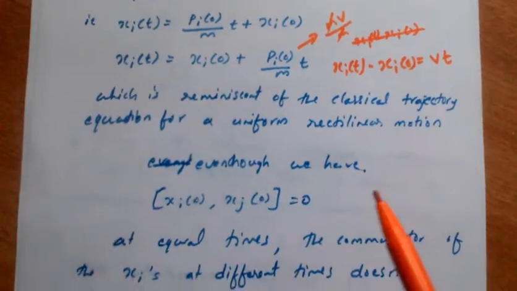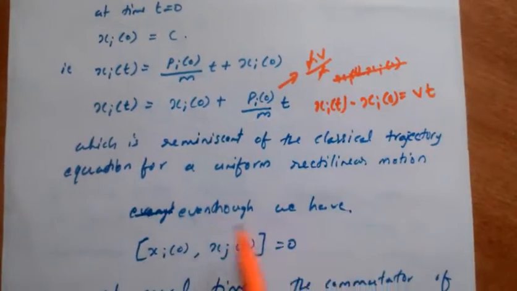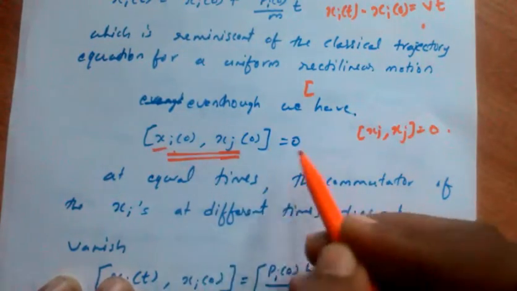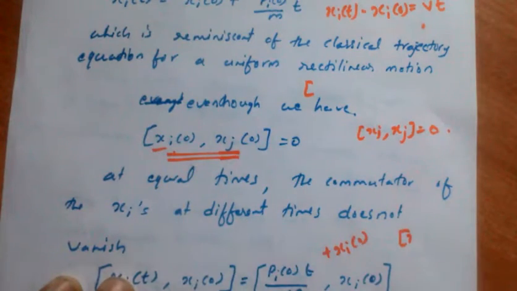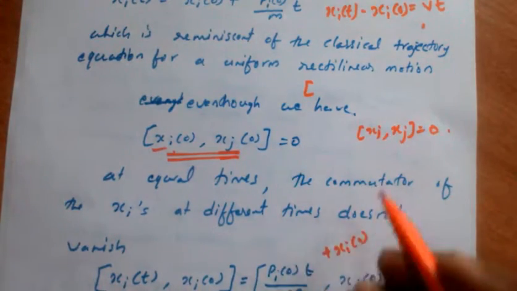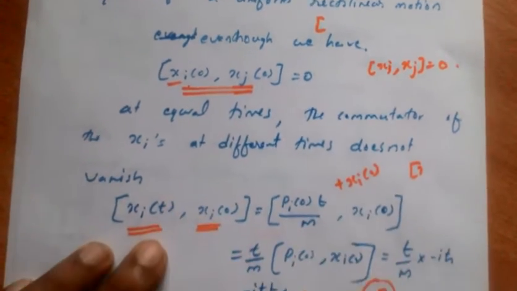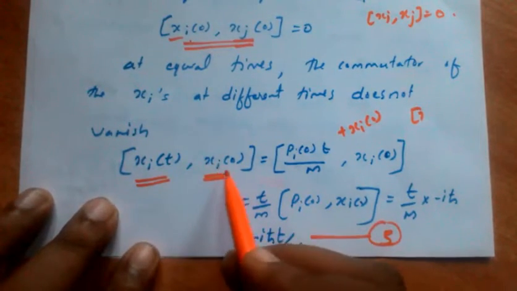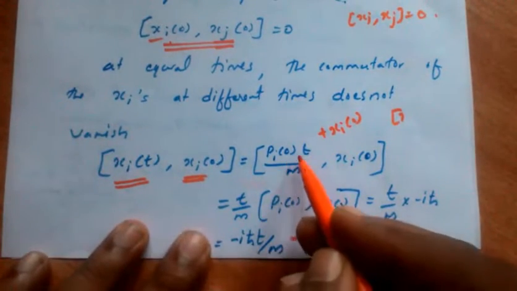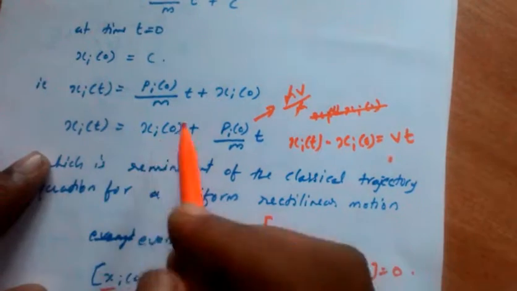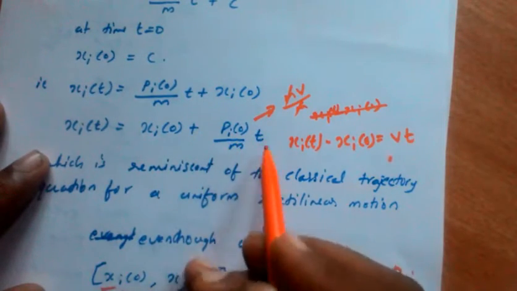Look at one important point. Even though the commutator of xi(0) and xj(0) is equal to 0, that means at equal times the commutator of position will vanish, the commutator of xi at different times does not vanish. If we take the commutator of position at different times, that is xi of t, xi of 0, that is equal to pi of 0 t over m, xi of 0. I am taking this term only because xi of t is xi of 0 plus pi of 0 over m into t.